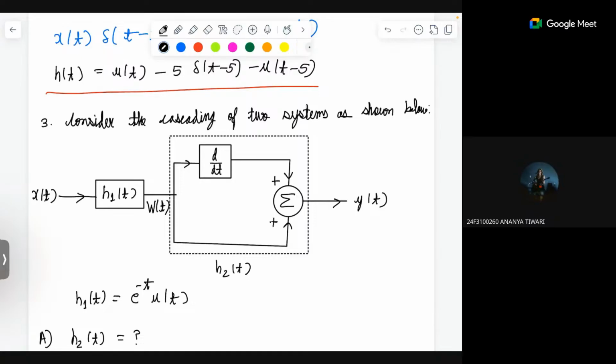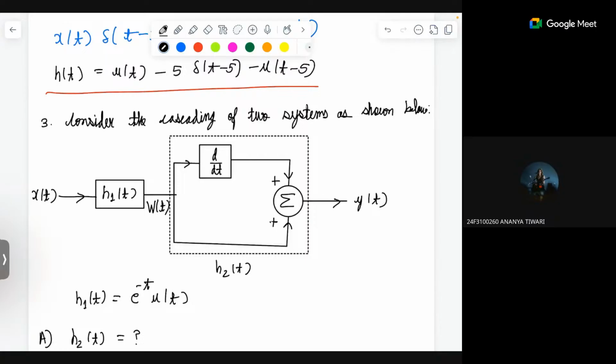Okay, ma'am. Ma'am, it will be d by dt of e to the power minus t ut convolved with xt plus e to the power minus t ut convolved with xt.